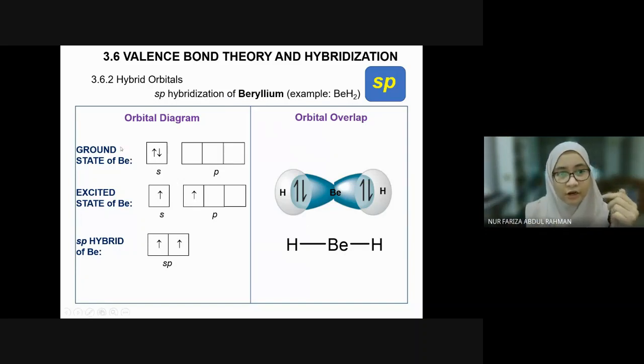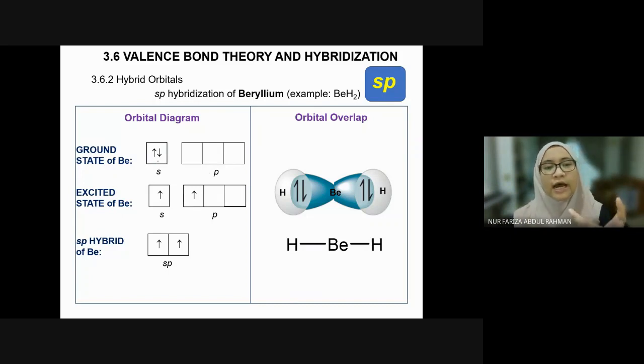But in the ground state of beryllium, as you can see, there's no unpaired electron. There's no single electron for hydrogen to overlap with. So in order to prepare that unpaired electron, beryllium needs to undergo hybridization.